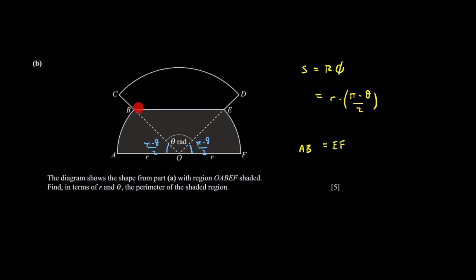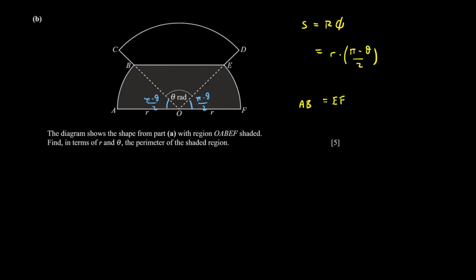So what else do we need? We need to find this length here, the length of BE, and we can do that using the cosine rule. What's the cosine rule? A squared is equal to B squared plus C squared minus 2BC cosine A. It means that this length squared is equal to that squared plus that squared minus 2 lots of that times that, the cosine of that. So the length BE squared is equal to r squared plus r squared minus 2 lots of r times r times the cosine of the angle theta.